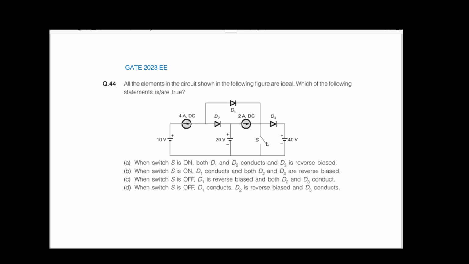So we will assume certain diodes are forward biased and reverse biased, solve the circuit, and check if our assumption is correct. If our assumption is correct, then we can proceed with that, or otherwise we have to go for another assumption.